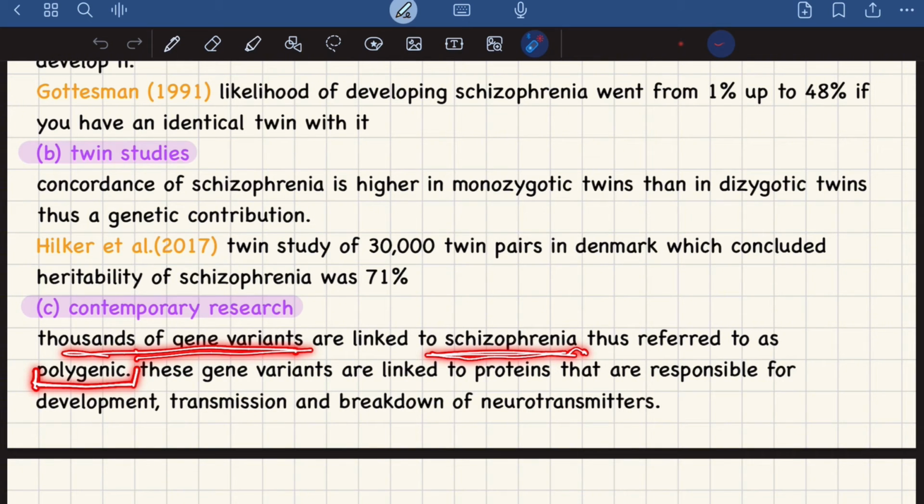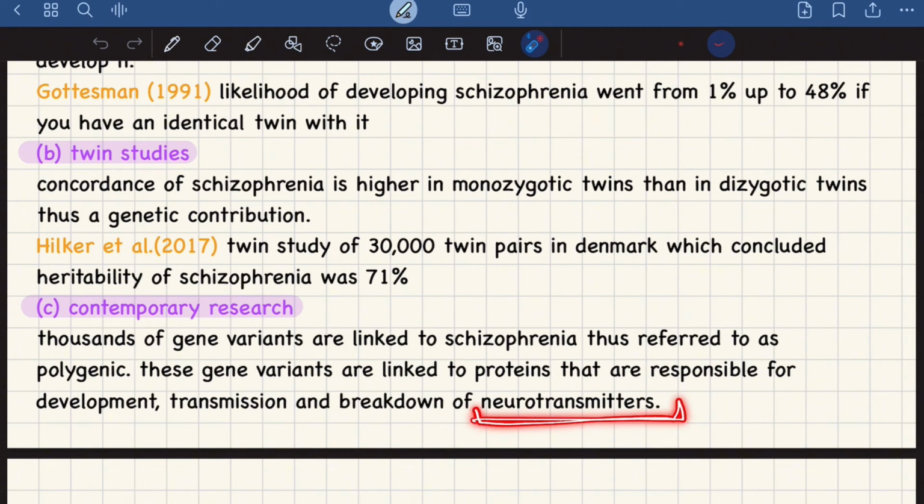Now, these gene variants are linked to proteins. And these proteins are responsible for the development, transmission, and breakdown of neurotransmitters.